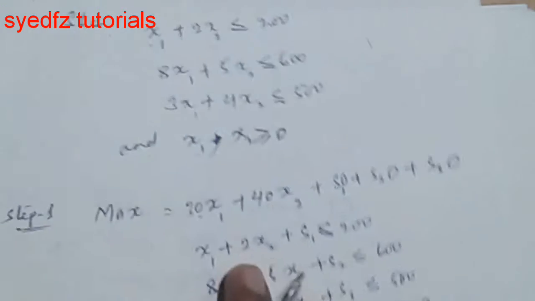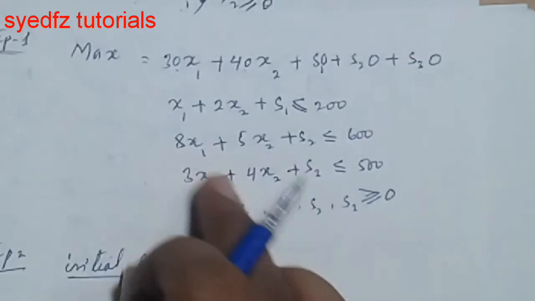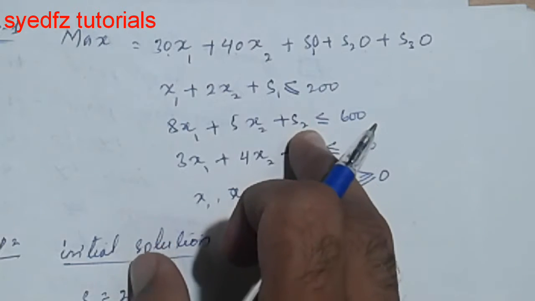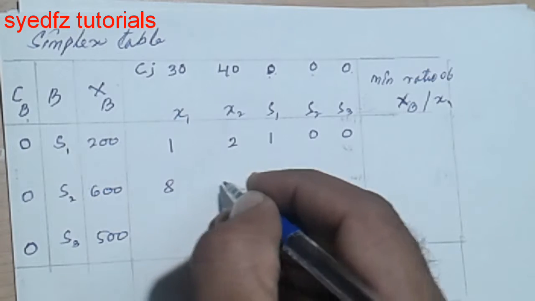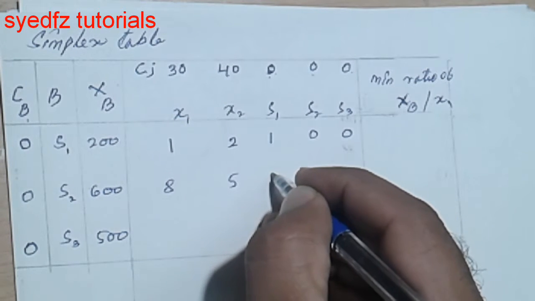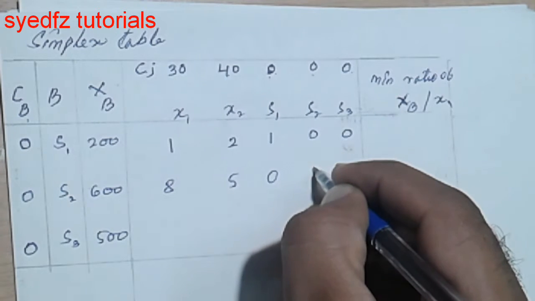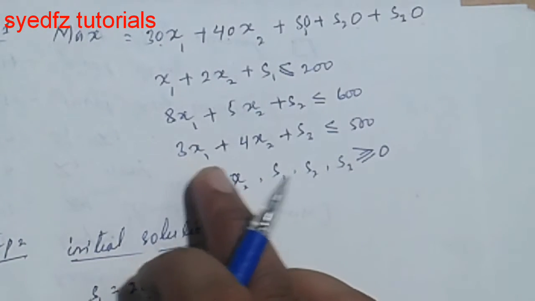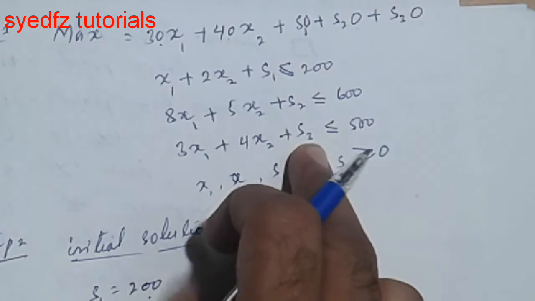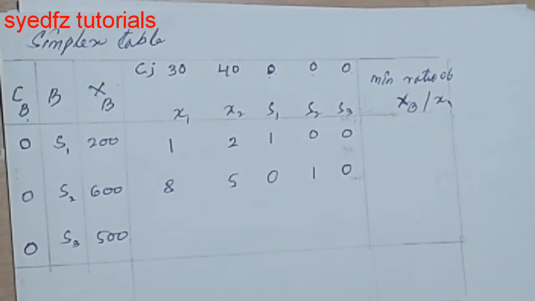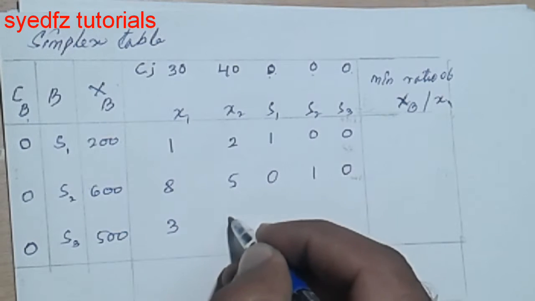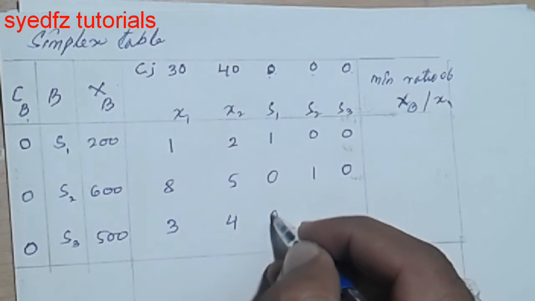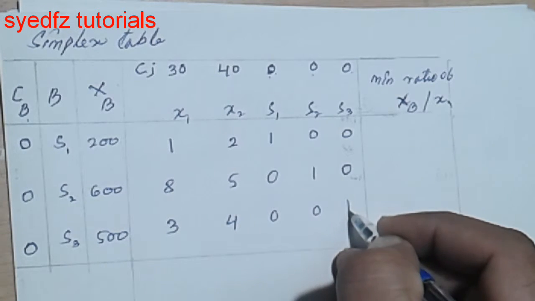Now the second one: x1 is 8, x2 is 5, we don't have any S1 so take 0, S2 is 1, S3 we don't have so take 0. Now the third equation: x1 is 3, x2 is 4, we don't have S1 and S2, only S3, which is 1.